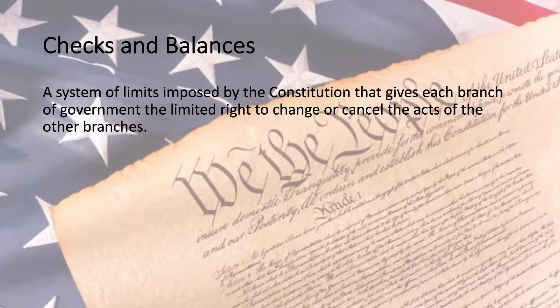They were able to control certain powers as well as share other powers with them. So, for example, the president can appoint ambassadors or federal judges, but only with the approval of the Senate, the upper house of Congress. You can find this principle throughout Articles 1, 2, and 3 of the Constitution.